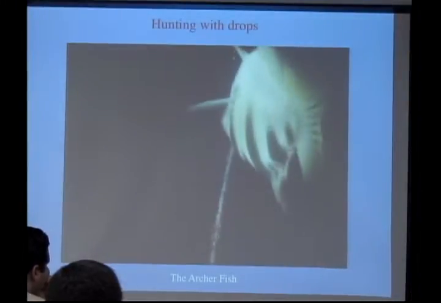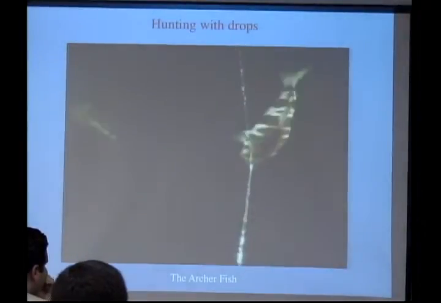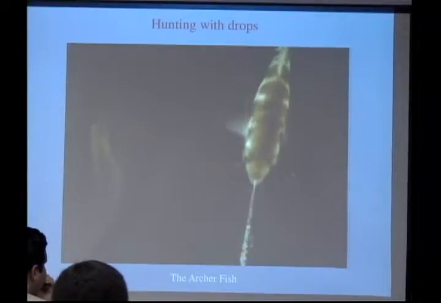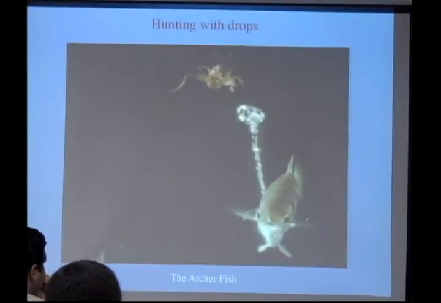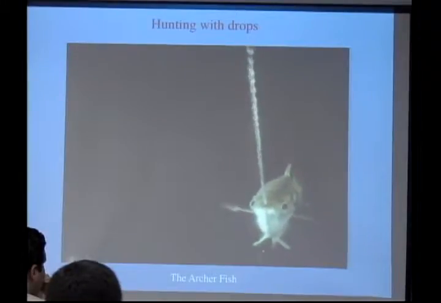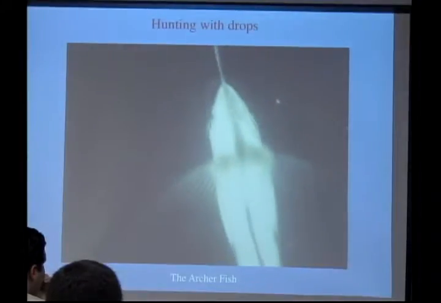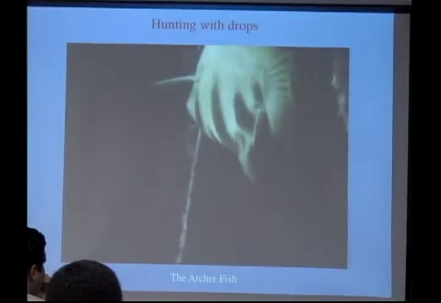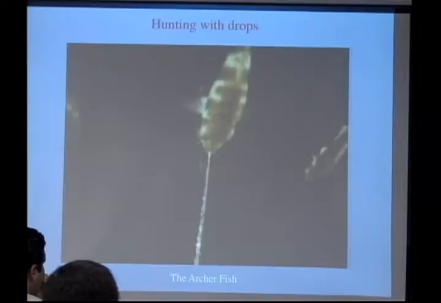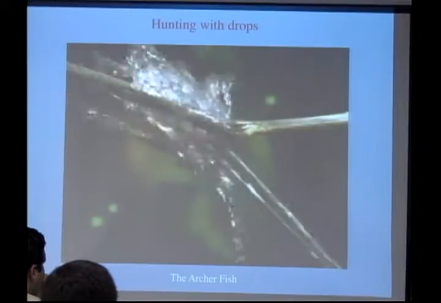For the way light bends at the boundary between water and air, which appears to shift the position of its target. By some amazing computation, it changes its firing angle to compensate for this optical illusion.